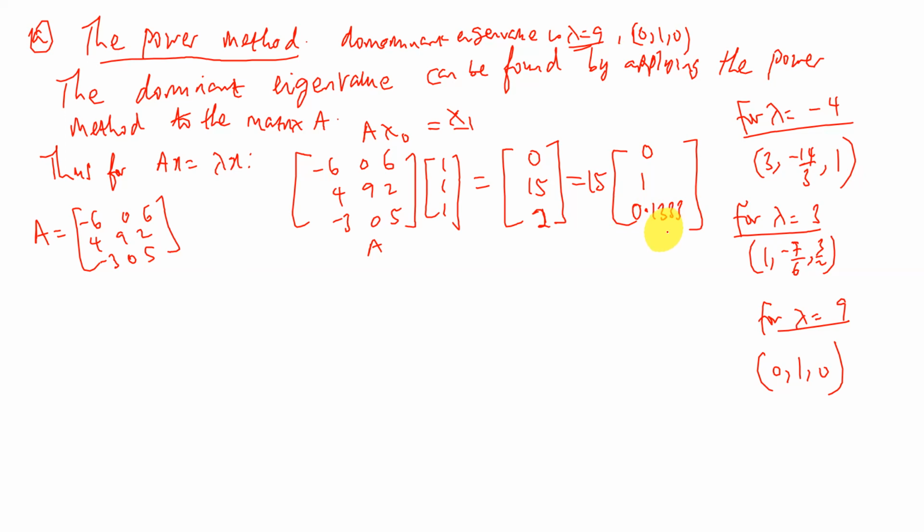The next step in the process, we take that vector, we take the matrix A, 0, 6, 4, 9, 2, minus 3, 0, 5. You multiply by the previous one, the 0, 1.